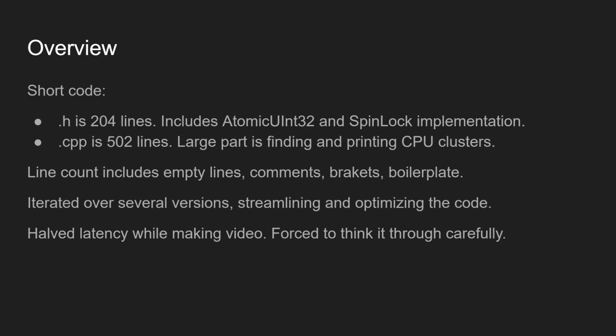In total, the header was 204 lines, which includes the atomic and spin lock implementations, and the CPP file was 502 lines, a large part of which was just finding and printing the CPU clusters rather than the actual work distribution logic. This is literally the number of lines in the file, which includes empty lines, comments, brackets, and boilerplate code.